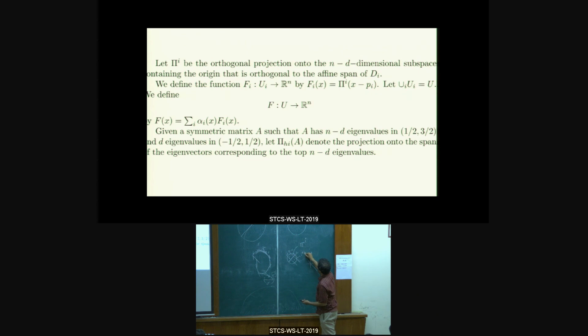Secondly, we'll have a vector valued function f_i, which, given a point, takes the projection of this point onto the d-dimensional plane, and takes the vector corresponding to that in the opposite direction. So these are outward going vectors. So you have pi i and you also have f_i. Okay, so you have these two objects.